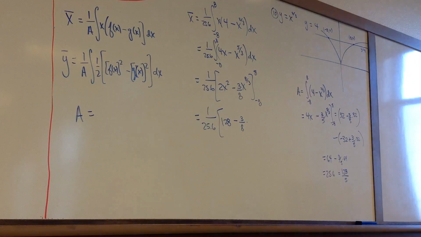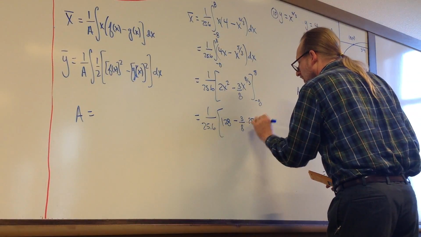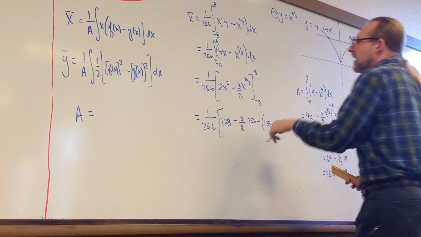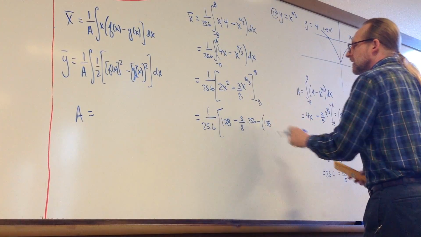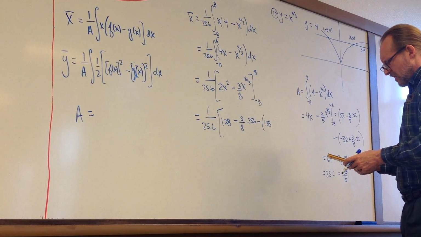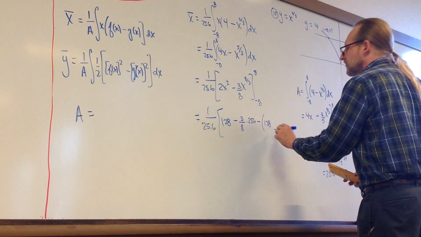8 to the 8/3 power, 256. And then minus, that's going to be 128. And then -8 to the 8/3 is also going to give us 256.